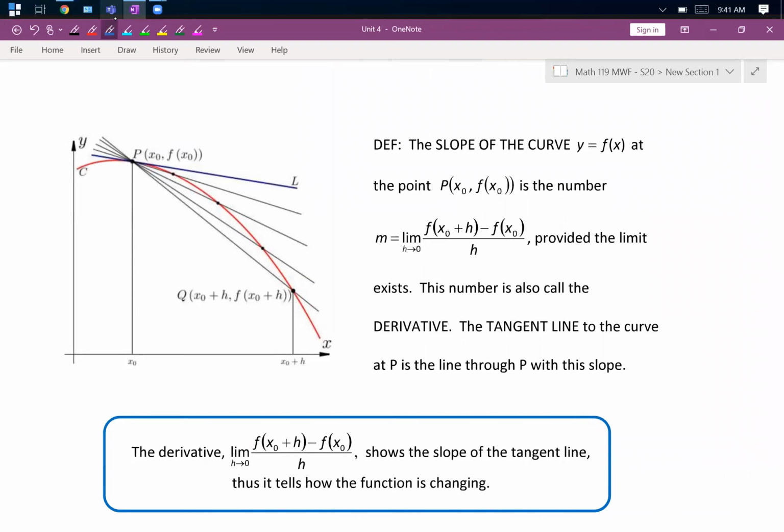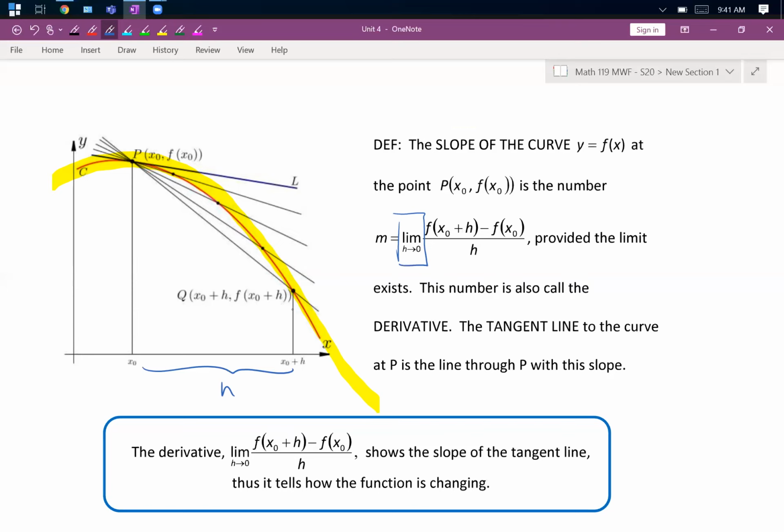All right, so what's happening? We have our curve in red, and then we're looking at the slope of the secant line. I'm going to put the curve in yellow so we can see it better. So there's our curve. Right now, this is our distance h in between our 2 points. And what's happening is if we take the limit as h approaches 0, that means that this distance h is going to get smaller and smaller.